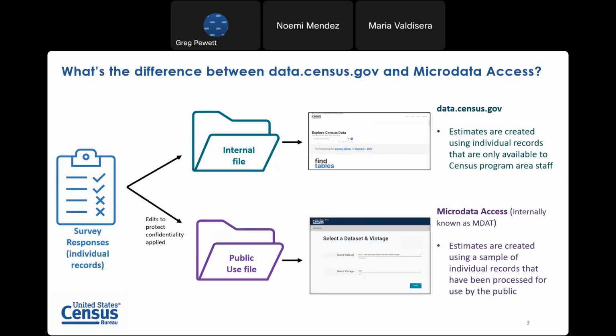The Microdata Access Tool instead edits those individual records to protect confidentiality. And then those estimates are created using a sample of individual records that have been processed for use by the public. So again, data.census.gov is using our internal files that give you estimates, whereas the Microdata Access Tool uses that public use file that has estimates that have been edited for use by the public.